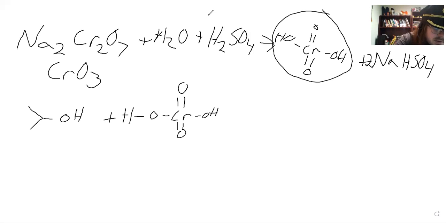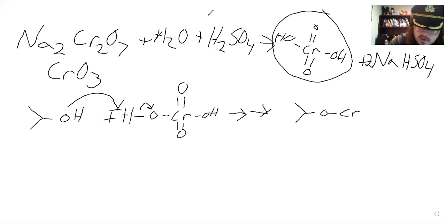This is two steps: you attack, you move the proton, form water, and then when water leaves, you swing up, and we form a bond between the chromium, what was the chromic acid, and my alkane.